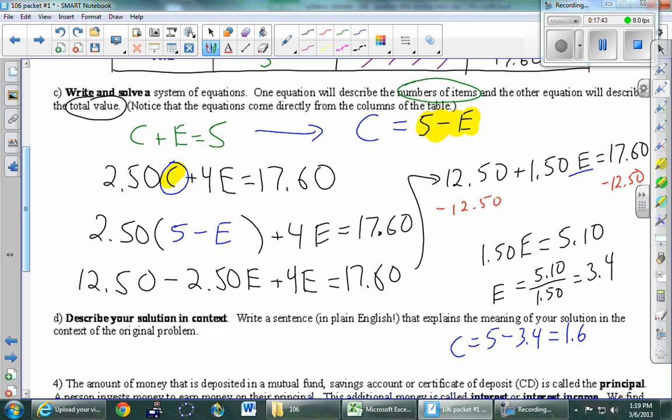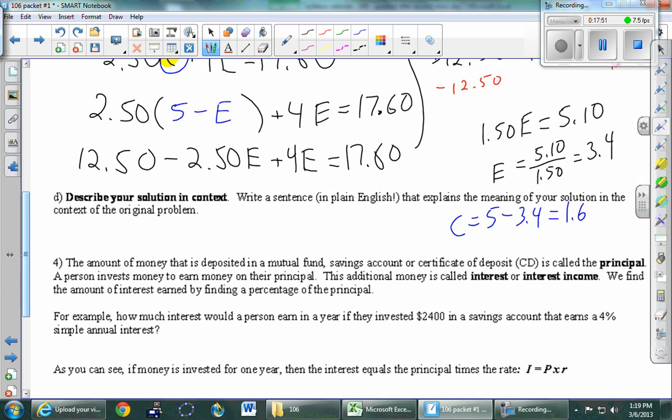And that's it. And I think that, well, let's write our sentence, and then we'll see if what we said before was true. So here it says, describe your solution in context. Write a sentence in plain English that explains the meaning of your solution in the context of the original problem. I can't stress enough, I'm looking for the number answers that you just got to be in the sentence. That 3.4 represents 3.4 what?